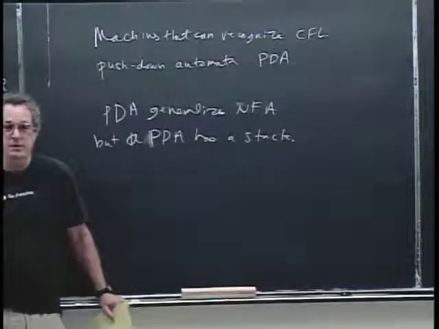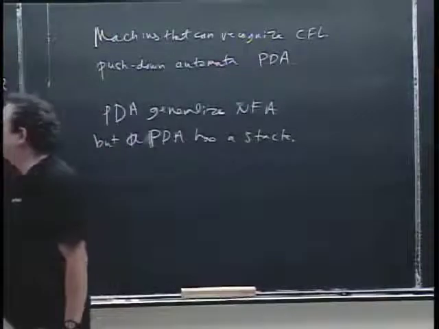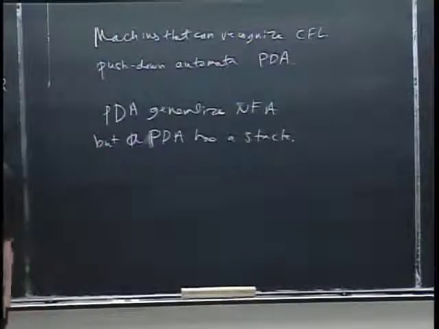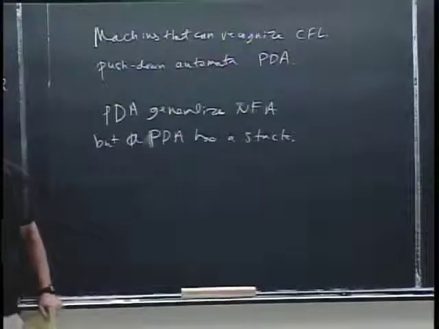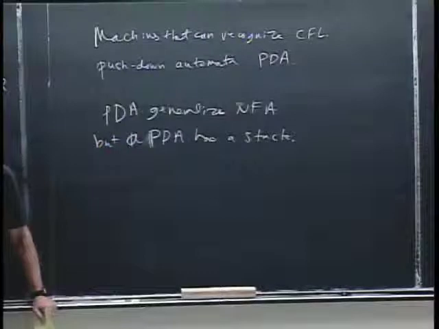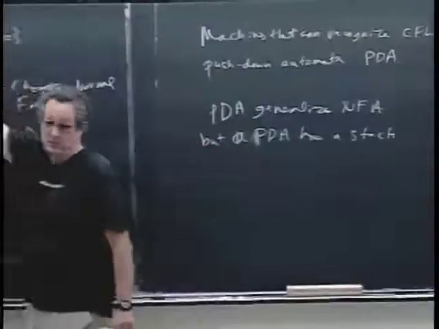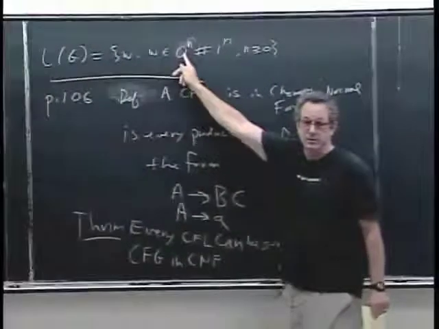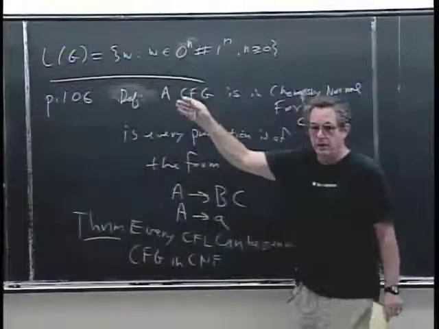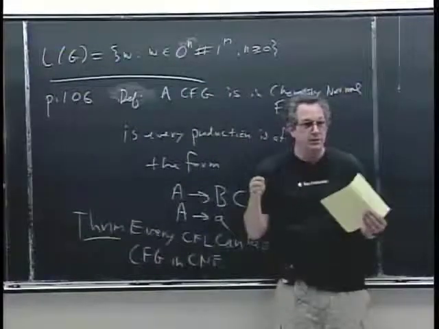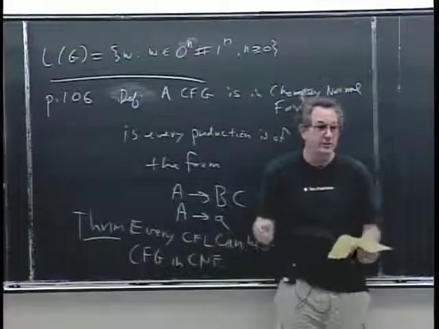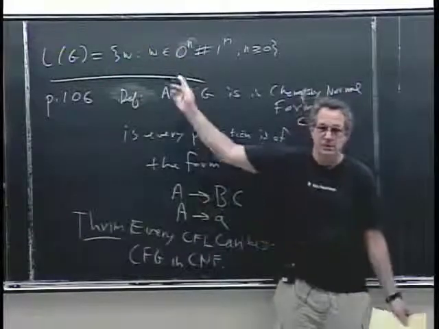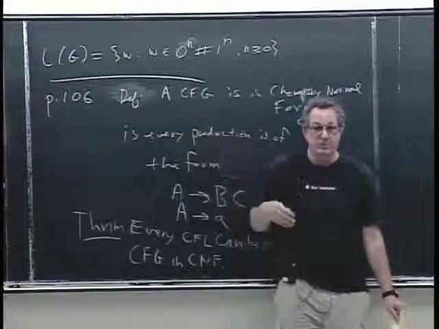Sometimes it's not possible to remember what is necessary in order to recognize the language. Again, 0^n 1^n. You couldn't design an NFA or a DFA to recognize that language because you really had no way of remembering n. n was arbitrary in length, and yet any finite state machine has a particular finite number of states. So you can always make an n which is bigger than the number of states.